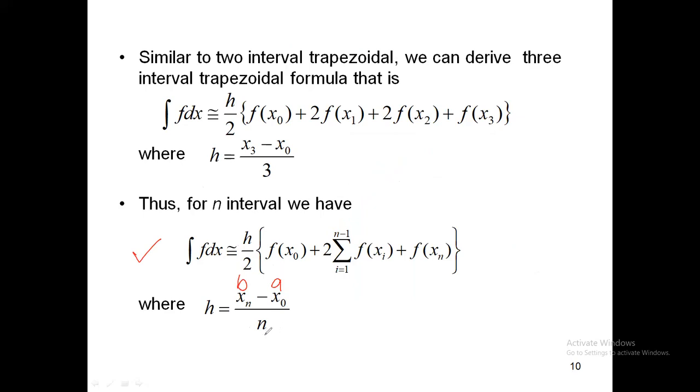And n is your chosen number of divisions or intervals. Now this h should be divided by 2, and you are to multiply the value of h divided by 2 by this expression here.